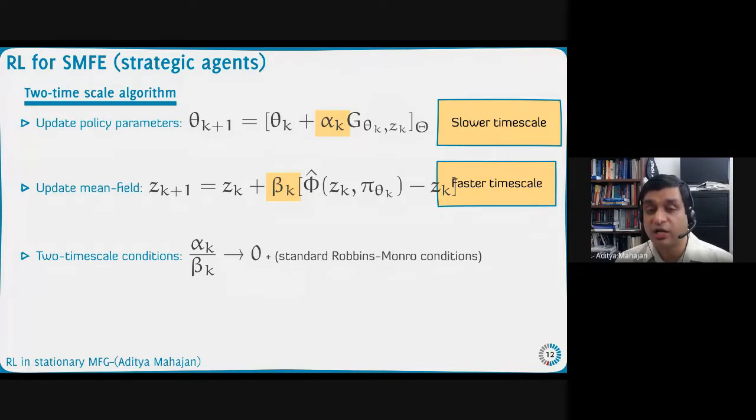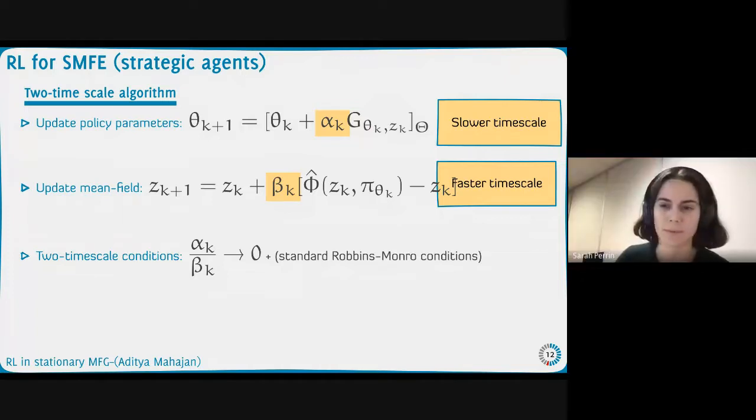So part of them are the same as what is there for a single time scale algorithm in terms of having a locally asymptotically stable stationary point and Lipschitz continuity of the gradient estimates and boundedness of the variance of the noise. The 2-time scale algorithm requires global asymptotic stability of the second ODE, of the faster time scale ODE.